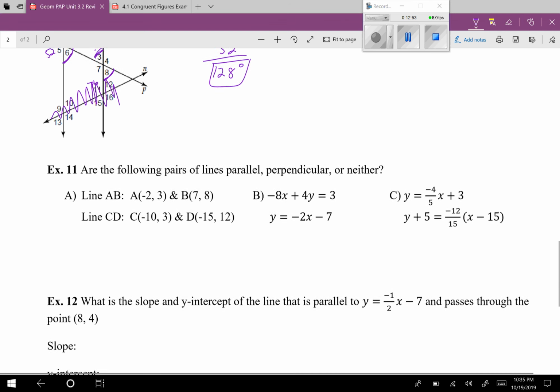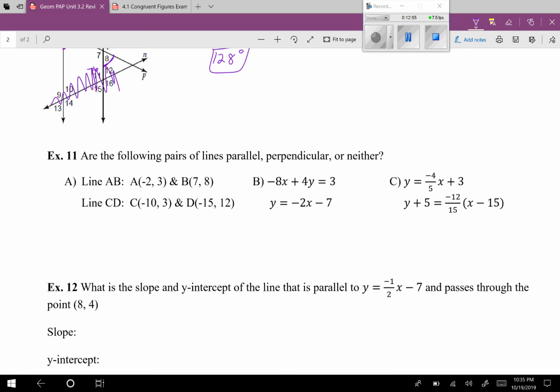Okay, next one, 11. It says, are the following pairs of lines parallel, perpendicular, or neither? What you gotta do is look at their slopes. So for A, B, the slope will be 8 minus 3 over 7 plus 2, so 5 over 9.